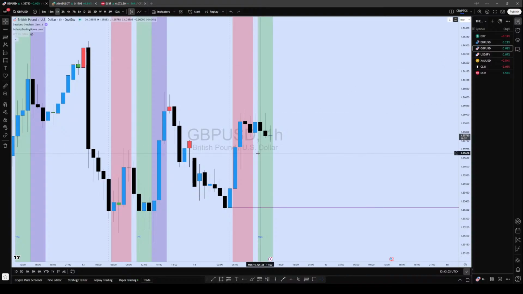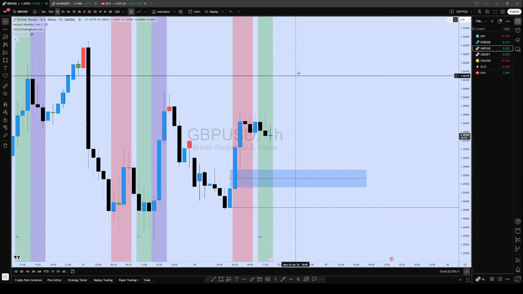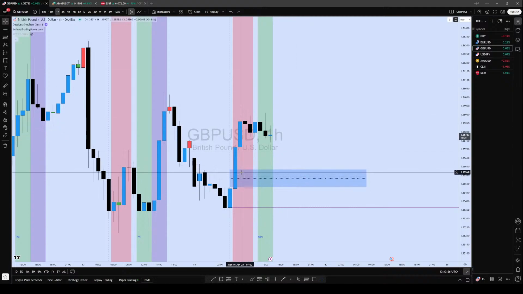GU, same thing. We have the gap down here. It's currently trading inside this, but I think I like the first one, this one here. So you want to watch that. Again, same pattern. You want price to hit it, reject, then buy the rejection. Don't buy the gap as it is, because today is Monday.